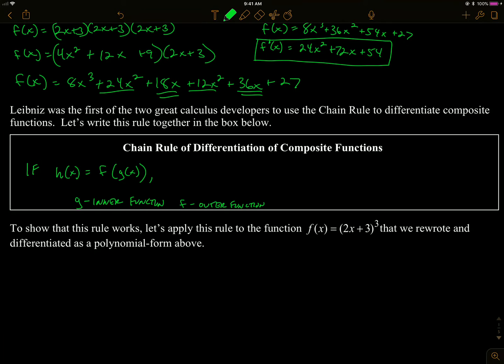So if our function is defined as that, then the derivative, h prime of x, the rule that we're going to use is to take the derivative of the outer, recopy the inner function when we do the derivative of the outer, so we don't touch it, and then at the end multiply by the derivative of the inner function. That is our rule for chain rule.